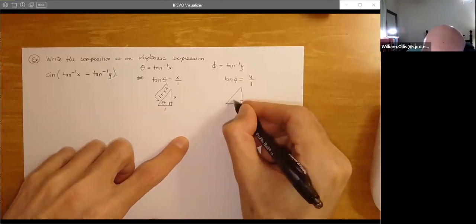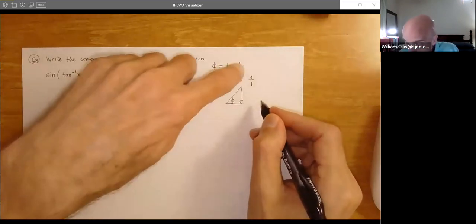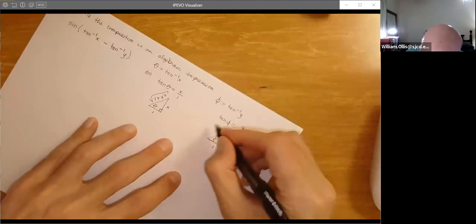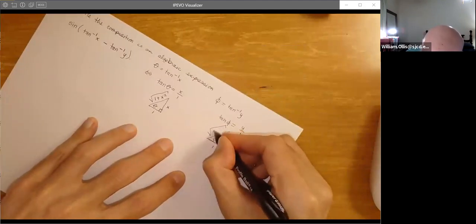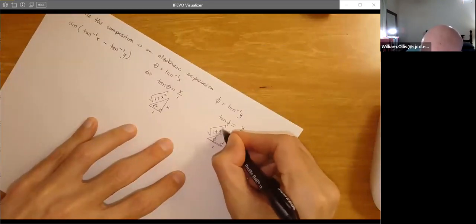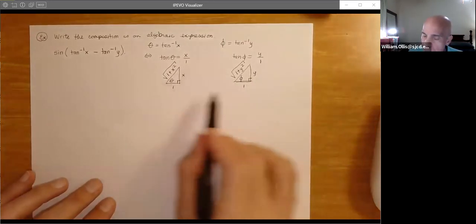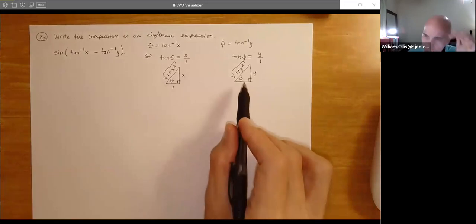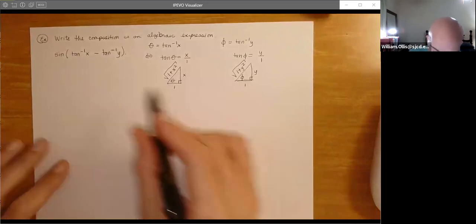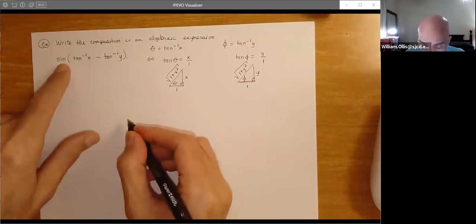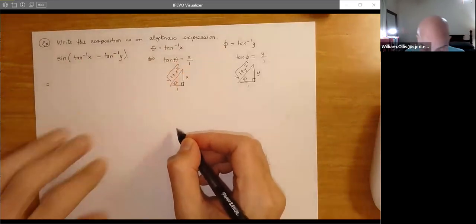So we have a phi. Again, opposite over adjacent, y over 1, and then the square root of 1 plus y squared. So again, same technique, an additional triangle. So we can now write and use our identity. This will be sine of theta minus phi.